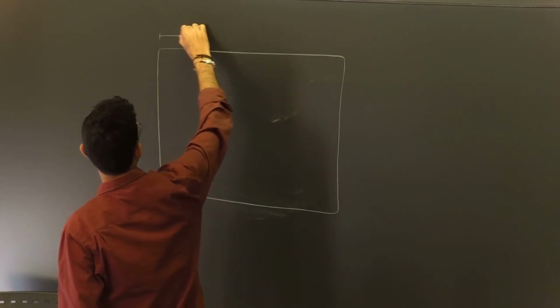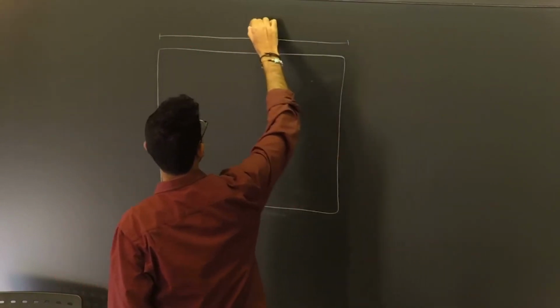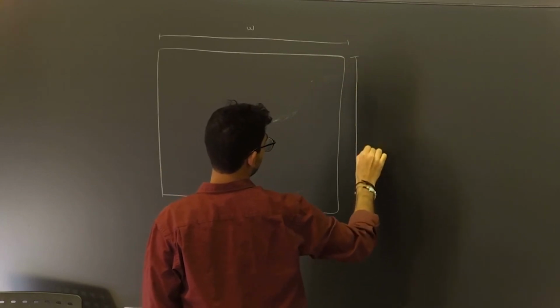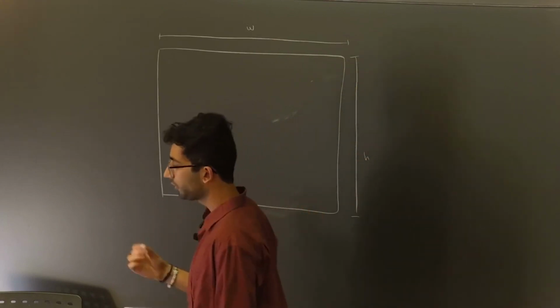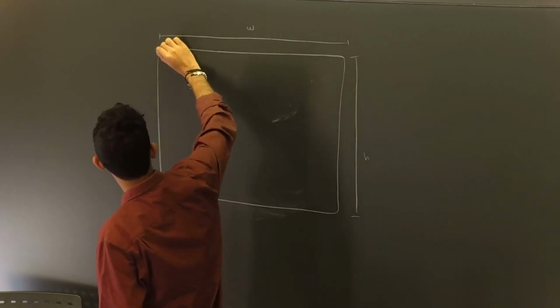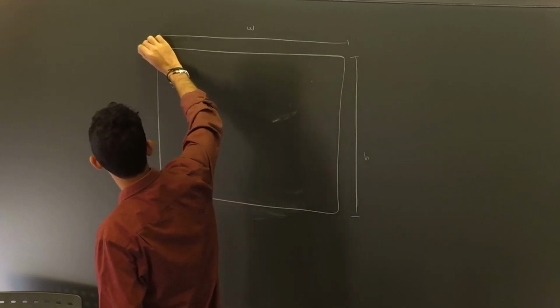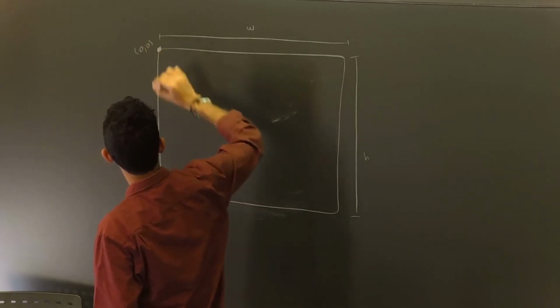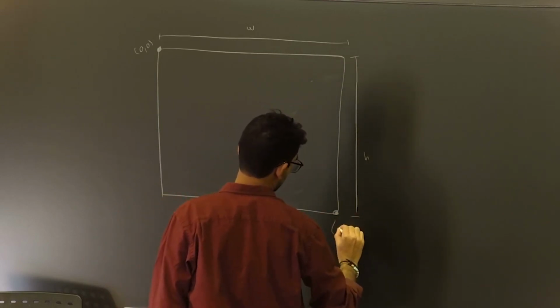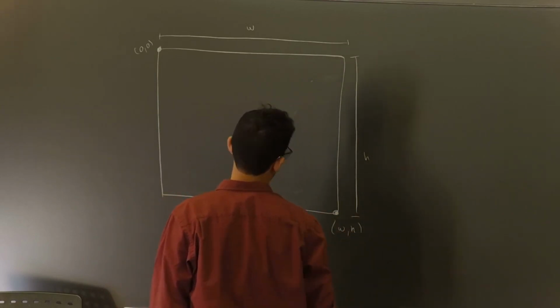Say it has some sort of width, W, and some sort of height, H. The way that our coordinate system works in processing is that our top left corner up here, that's going to be 0, 0. And our bottom right corner here, that is going to be our width, height.